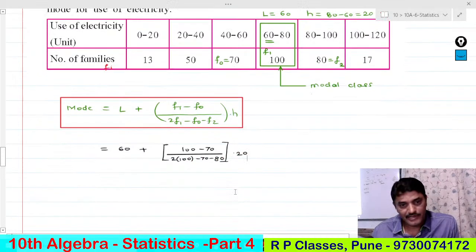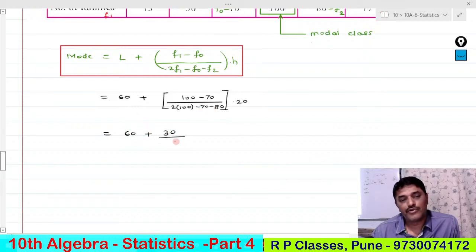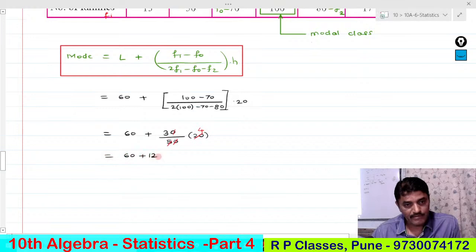So what will it be? This is equal to 60 plus 30 upon 200 minus 150, that is 50, into 20. So the 0 is gone, and 5 fours are 20. So this is 60 plus 12, which is 72. So the mode is equal to 72.